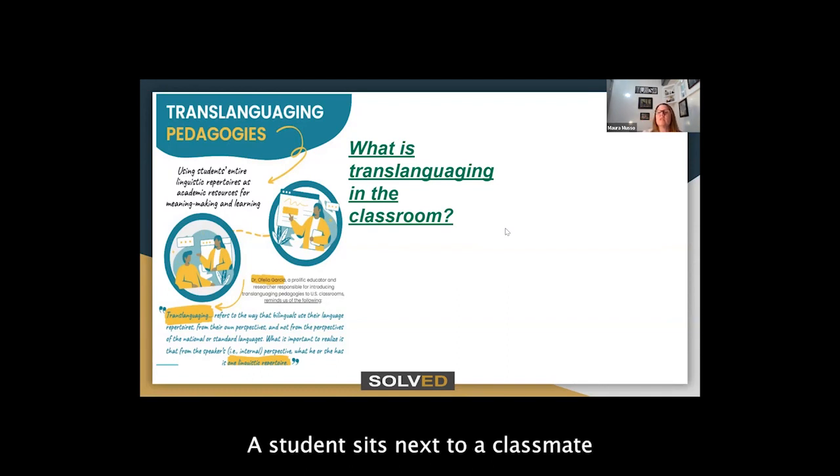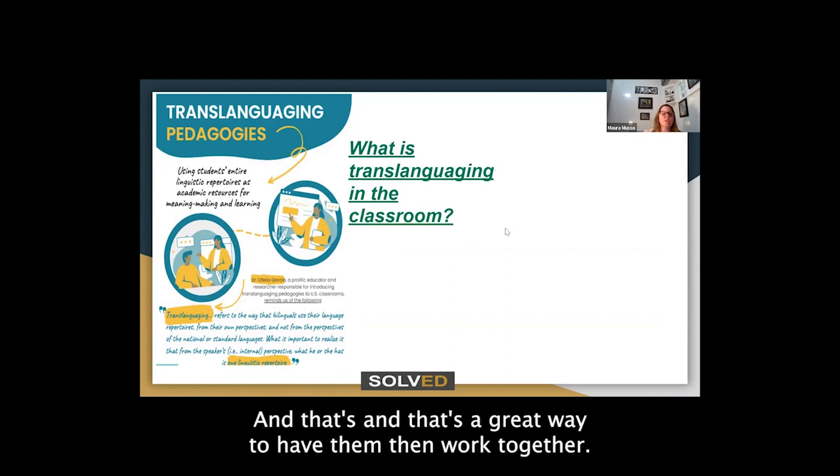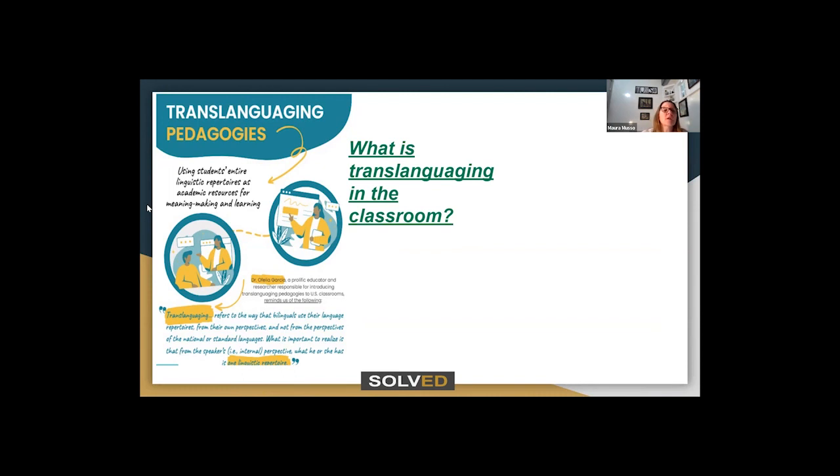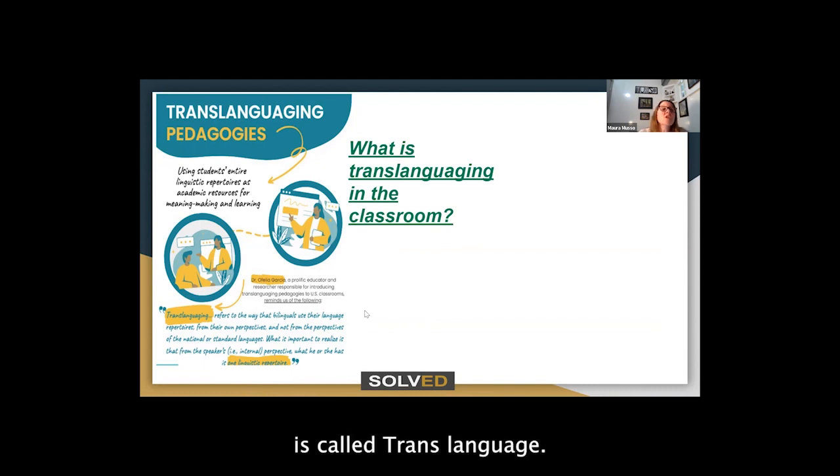Melissa said a student sits next to a classmate who speaks the same home language but is more proficient in English, and that's a great way to have them work together. Another tool that we can use with our students is called translanguaging.